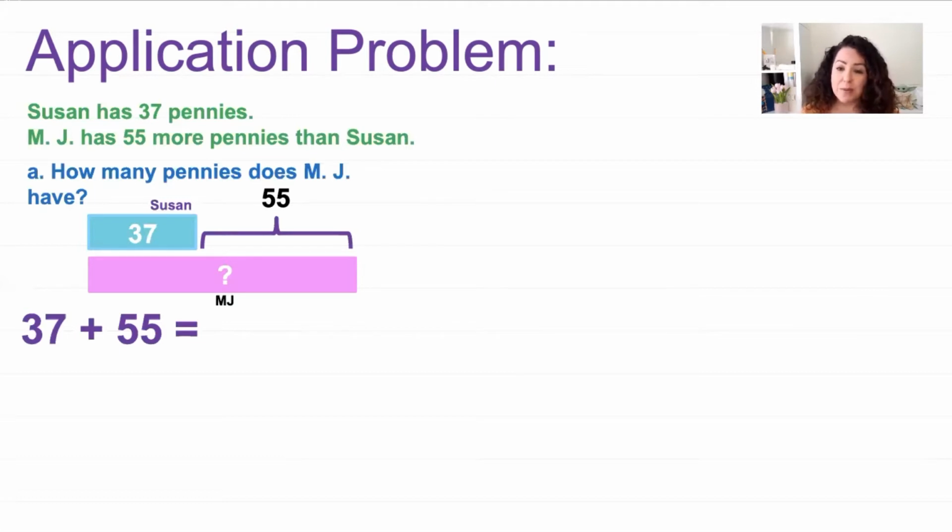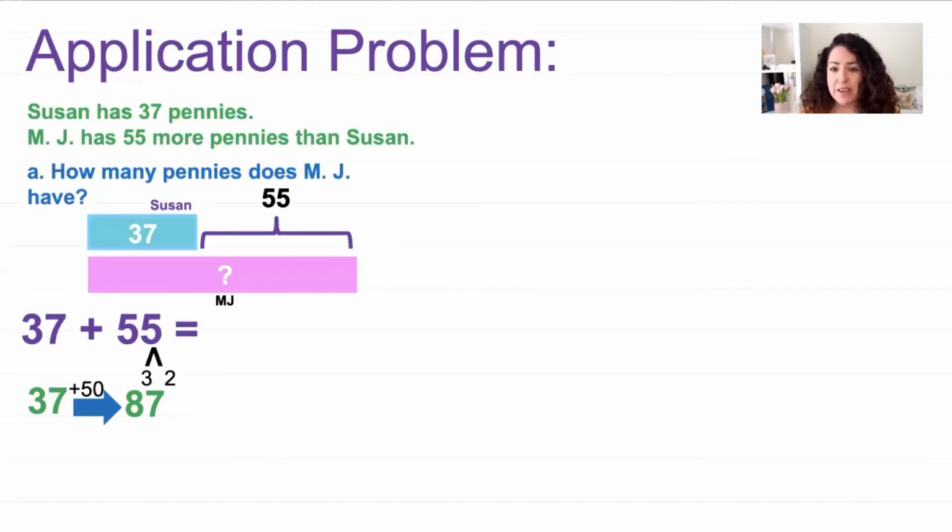The way I'm going to add this is I'm going to use the arrow way. I'm going to start with the 37 and add 50 to that, because sometimes when we have a nice 50, it's easy to add. Starting with 37 and adding 50: 30, 40, 50, 60, 70, 80, and my ones stay the same. So I'll land at 87. Now I'm looking at the 5, and it's kind of hard to add 5 to that 7.